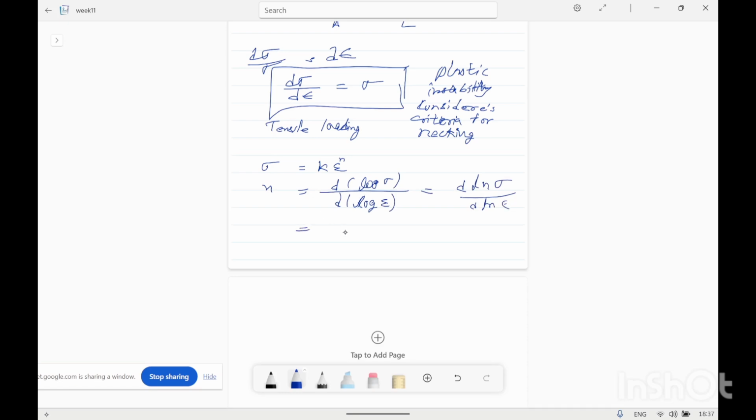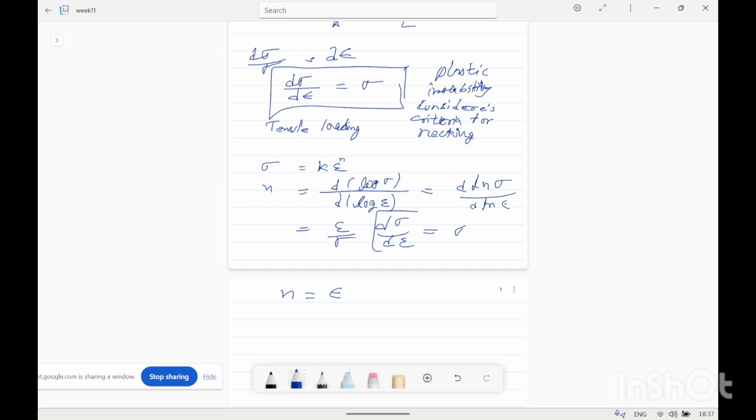So this will be epsilon by sigma times d sigma by d epsilon, and as we know, d sigma by d epsilon can be written as sigma. So if we put this in, n will be equal to epsilon.